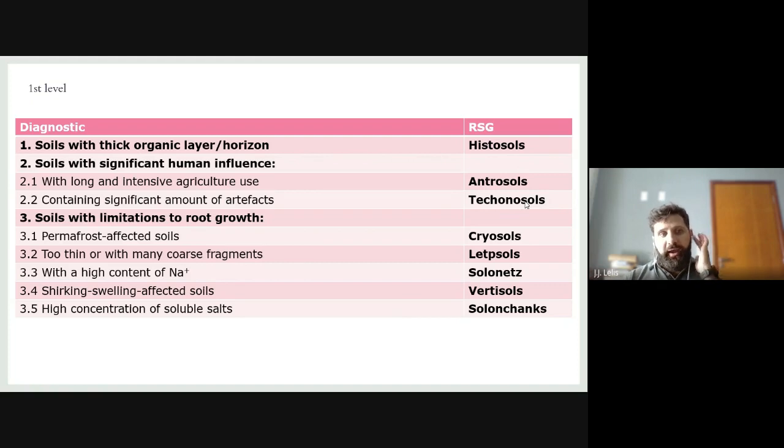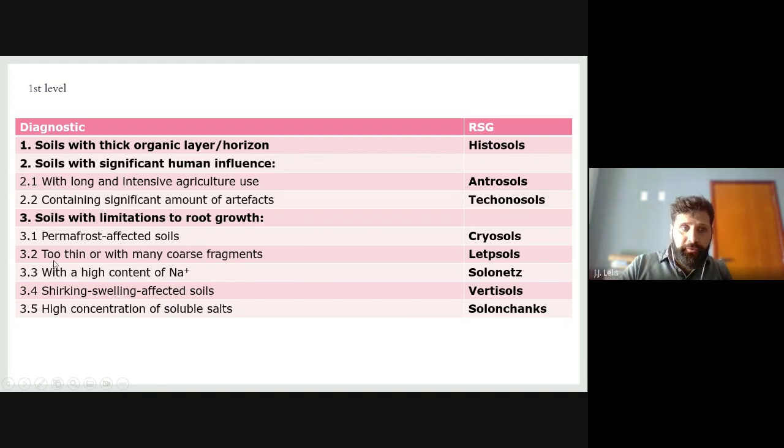We also have some soils that do not present a thick organic layer, and are not influenced by a significant or huge human influence, but present some kind of limitation to root growth. So if they present something that could limit the growing of vegetables or trees, they are in this third group.